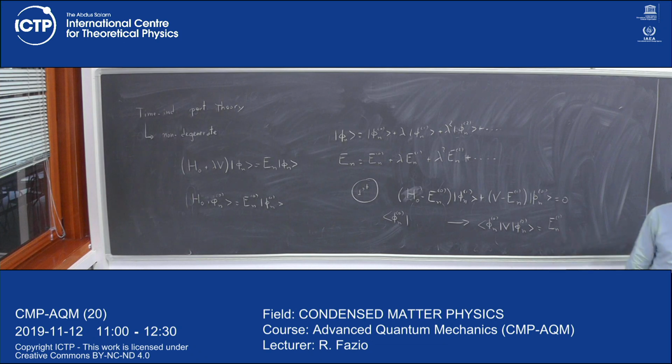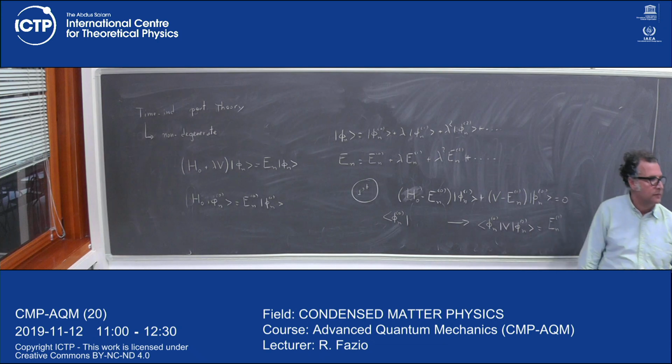Okay, so can you give me the physical interpretation of this result? What is this quantity? Matrix element of perturbation. Matrix element of perturbation averaged on states. Yes. So what is the meaning that there is a shift in an eigenvalue E0n?